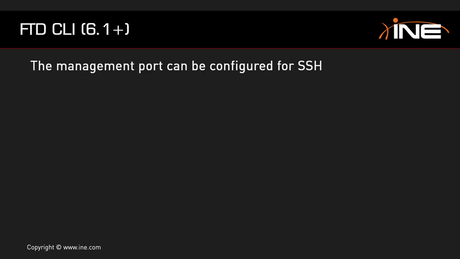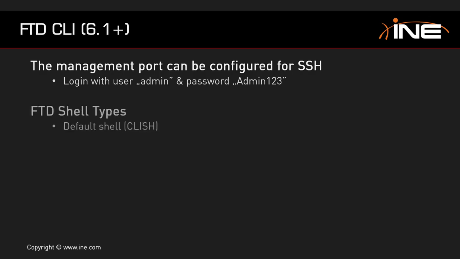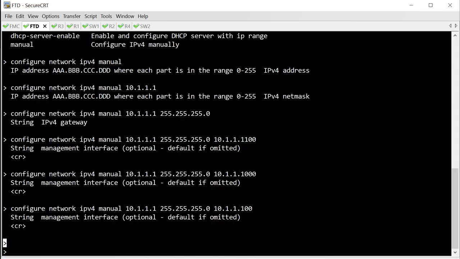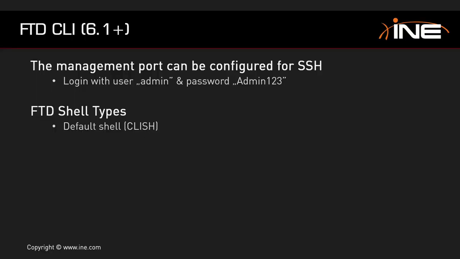Okay, so as we just saw, it is possible to SSH to the management port of FTD. If this is going to be a new deployment, you would use these credentials, Admin123 as a password with uppercase A. But there is going to be more than just one type of shell available on Firepower Threat Defense unit. So what we connected here, this is known as a default CLI, or just the default shell.